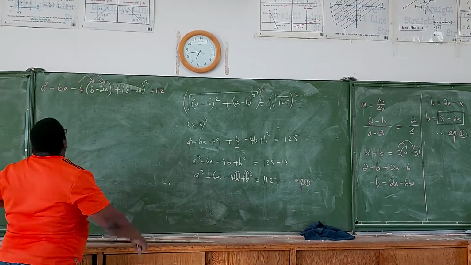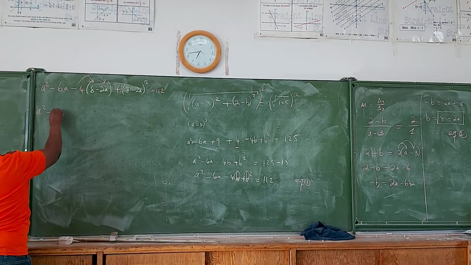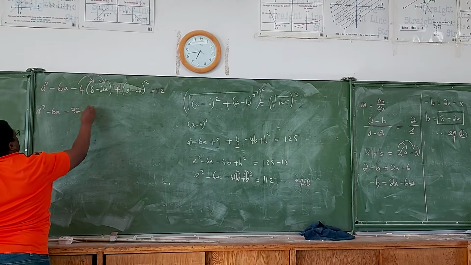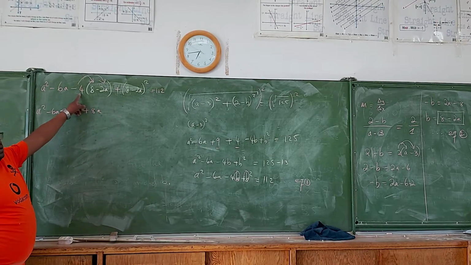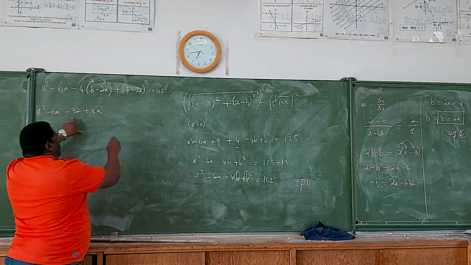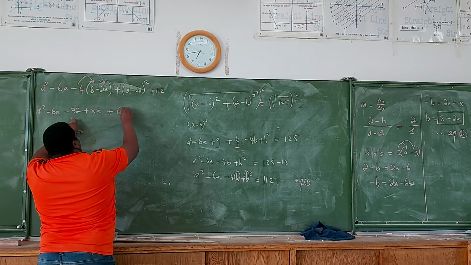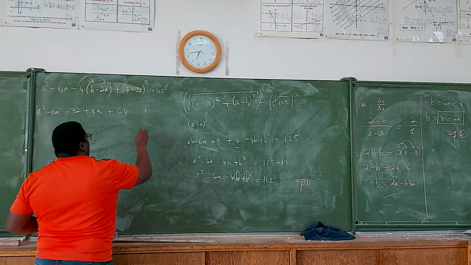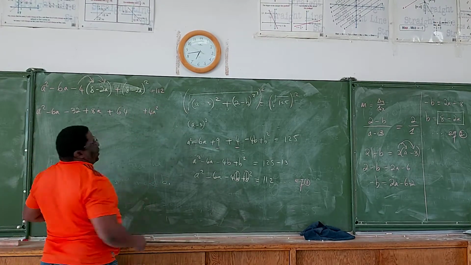So a squared minus 6a minus 32 plus 8a. 4 times 8 is 32. Is it fine? Here we go. 8 times 8 is 64. Minus 32. Then 8 times minus 2a will be minus 16a, and minus 2a times minus 2a is 4a squared. Now we want the middle term.